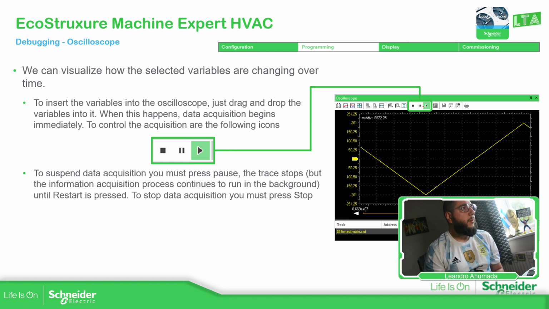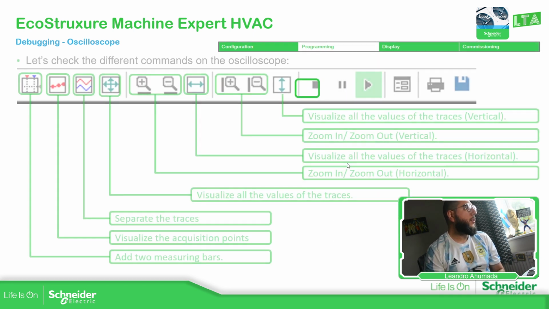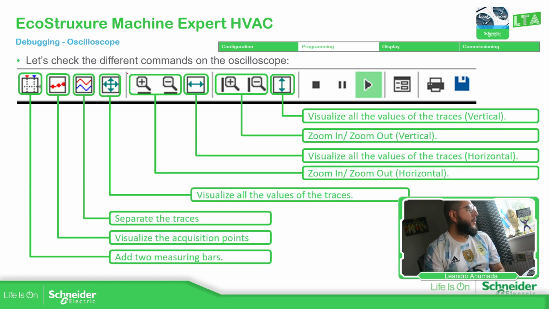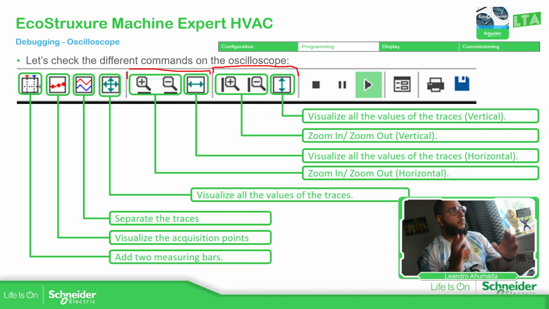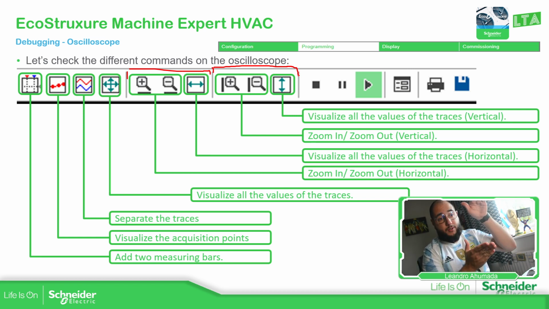Let's go through these. This one will allow us to stop and play the acquisition of the data that we have. Then this and this one will allow us to zoom in or zoom out in the vertical or in the horizontal axis.